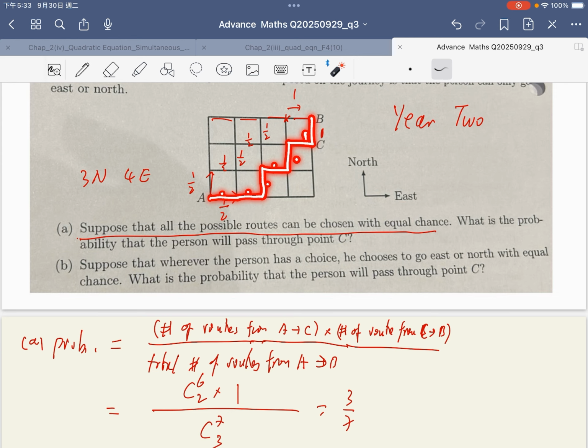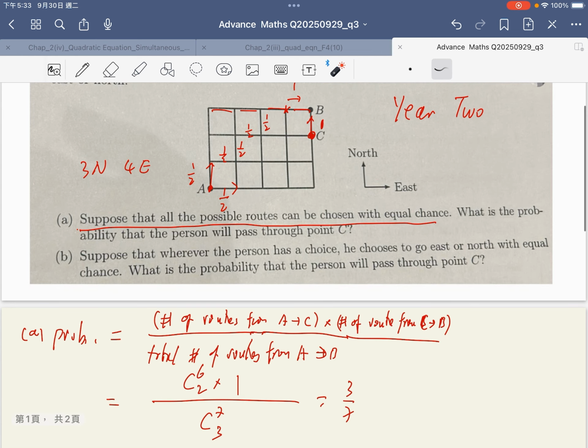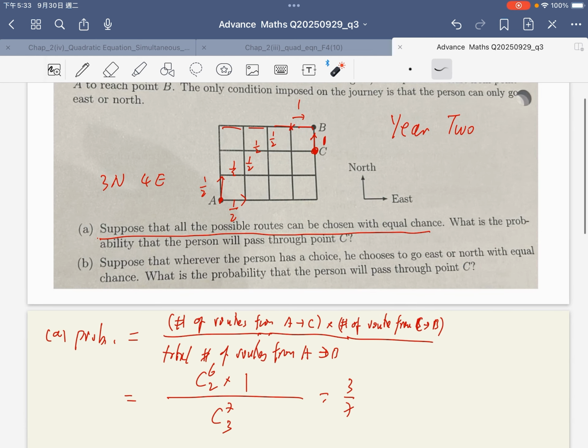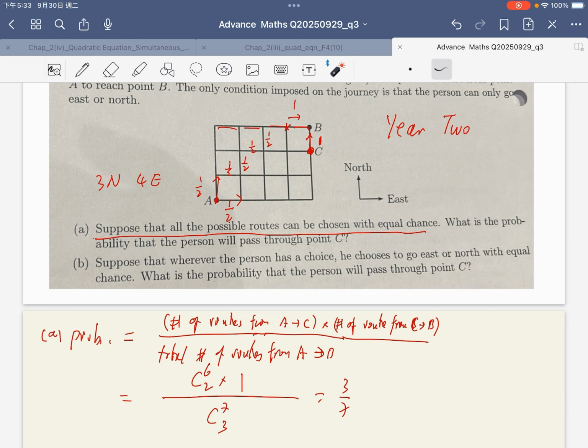Some routes have fewer factors of 1 over 2, some have more. Therefore, there may be a difference in counting the probability. That is the crazy thing, and I think it is difficult to handle this question.